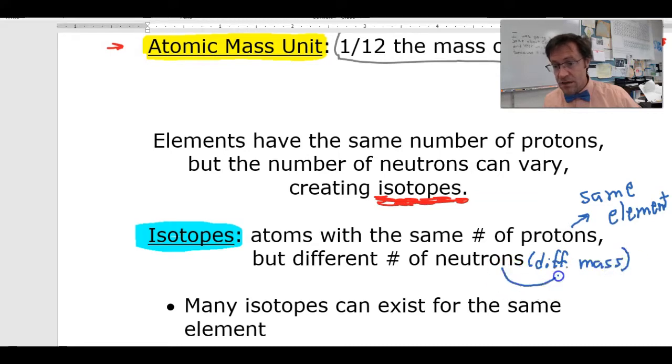Because if protons and neutrons both weigh 1, and two isotopes have a different number of neutrons, one will weigh differently than the other, because they have different amounts of stuff that make them. You understand what I'm saying?